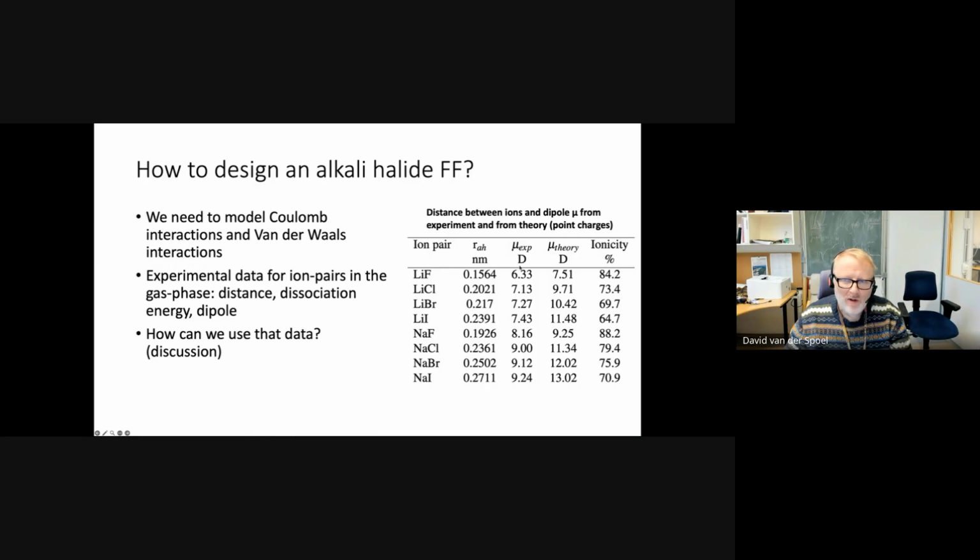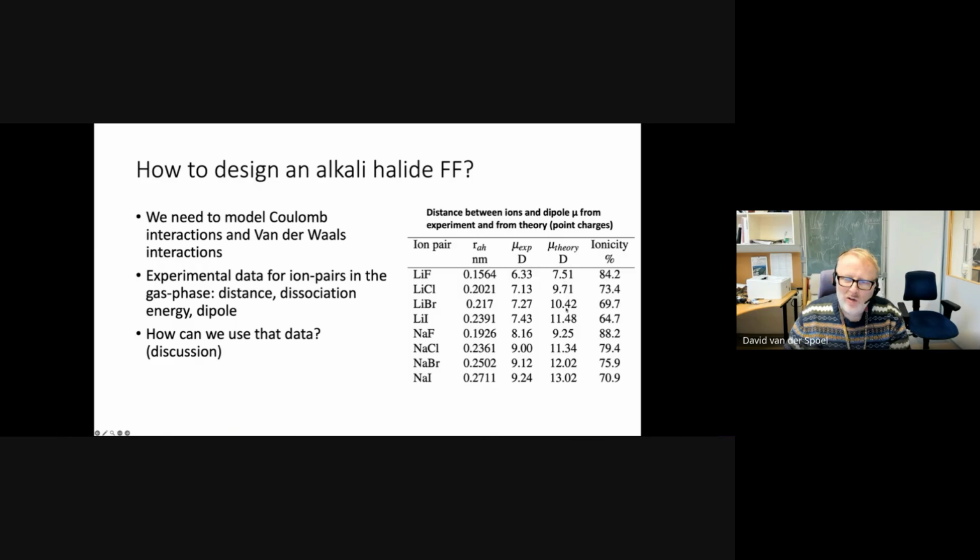So what we have here is the experimental dipole. But if you were to put two point charges, the simplest possible model, like a +1 and a -1, at the same distance, you would actually get a much larger dipole.